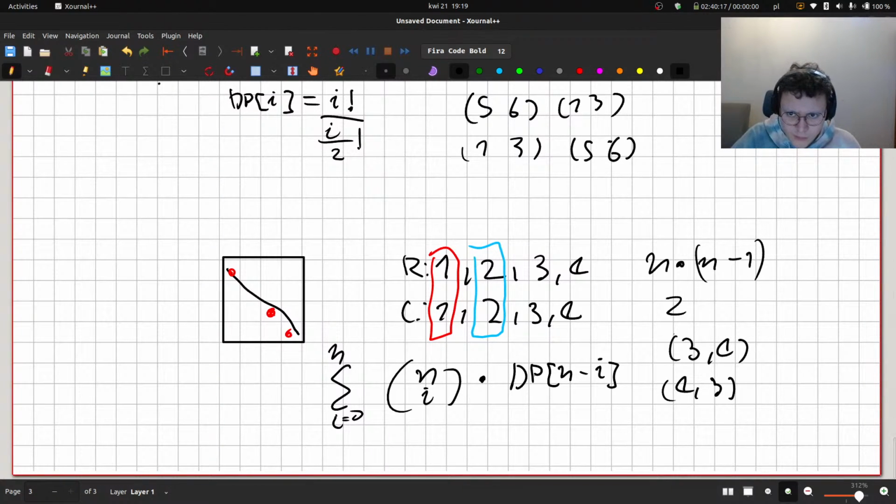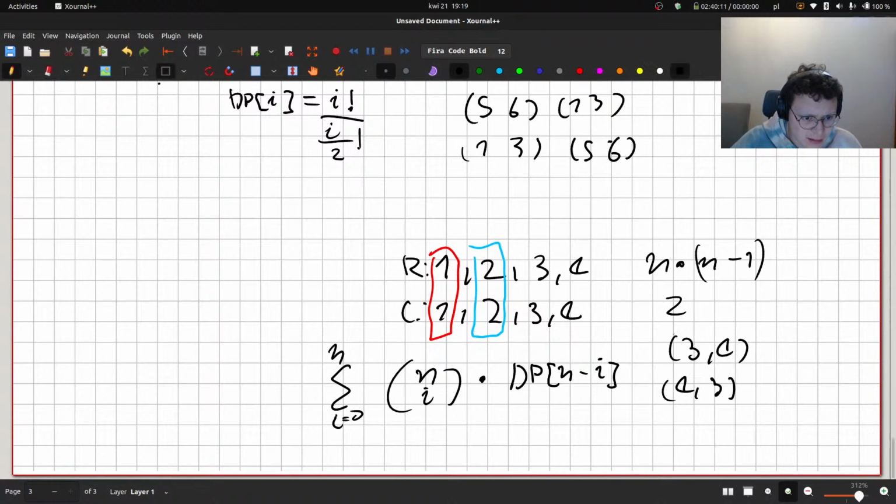On this picture, picking 3 would mean that we basically give our rook in the square for free, so it will be something like this.